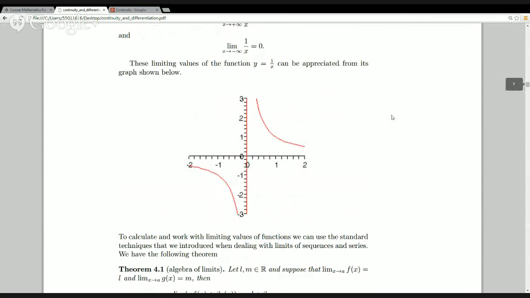But we're still only talking about the concept kind of vaguely or informally, using this idea of the values getting closer and closer to some limiting value as the argument gets closer and closer to some limiting argument.